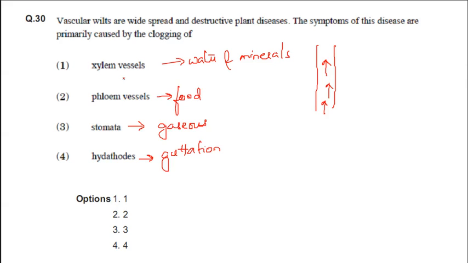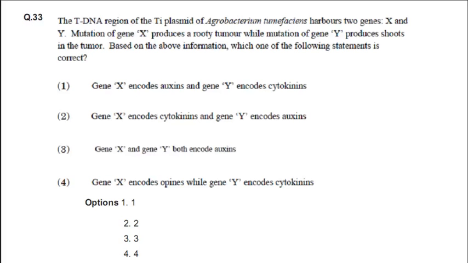Coming to the next question, the T-DNA region of a Ti plasmid of Agrobacterium tumefaciens harbors two genes, X and Y. Mutation of gene X produces a rooty tumor, while mutation of gene Y produces shoots in the tumor. Based on the above information, which one of the following statements is correct?